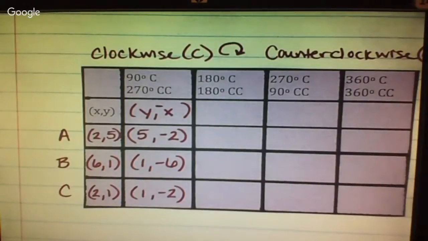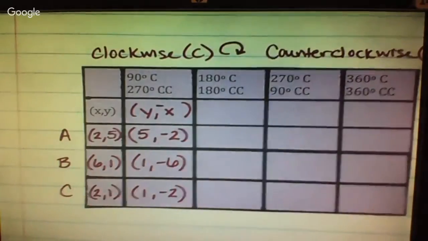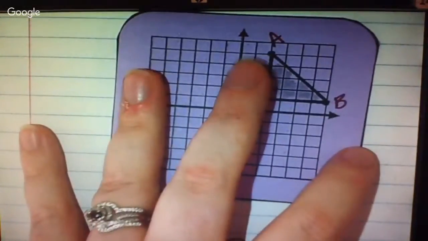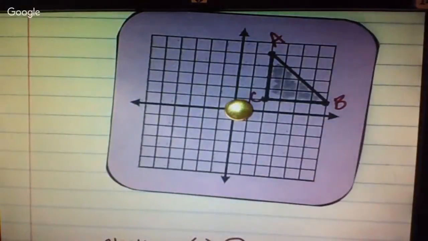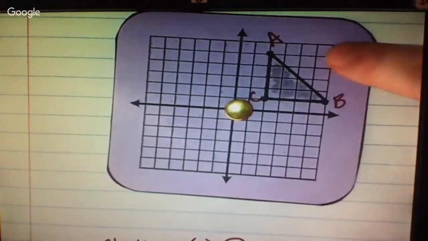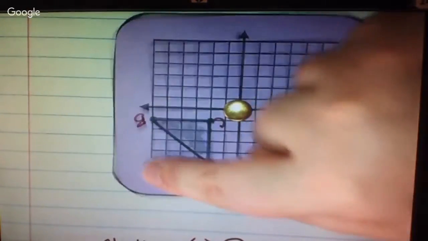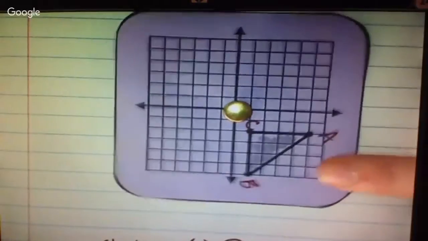So what do we do when it says 270? Kathy just asked, what do I do if it's 270 counterclockwise? 90 means I've moved 1 quadrant. 270 means I've moved 3 quadrants. Counterclockwise though, here's 1 quadrant, 2 quadrants, 3 quadrants.